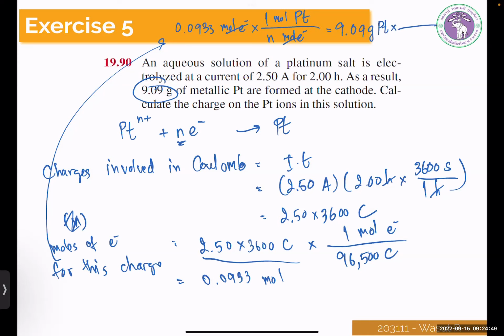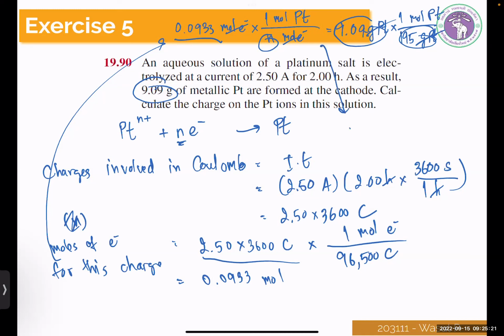What's the atomic mass of platinum? It's actually a lot. It's 195 grams of platinum per 1 mole. So I have moles of platinum on both sides. So essentially 0.0933 over n equals 9.09 over 195.